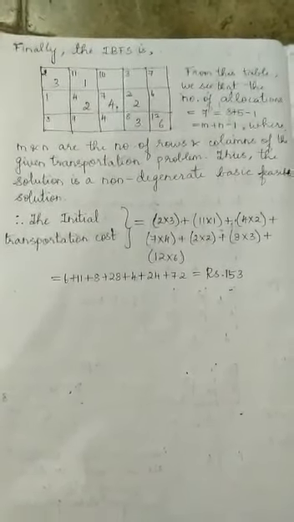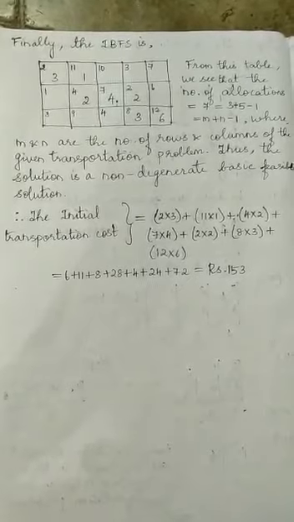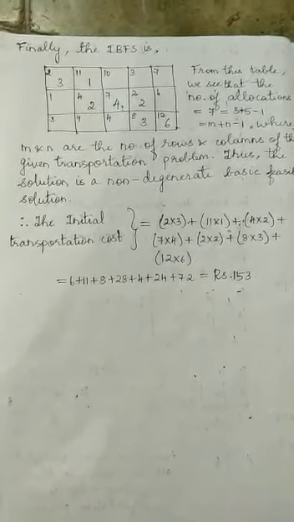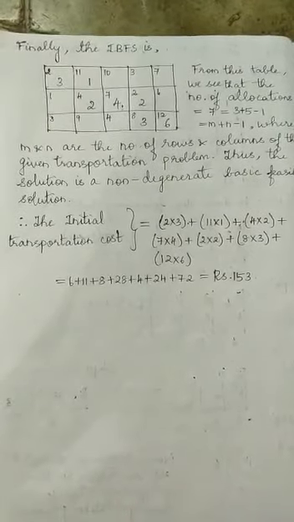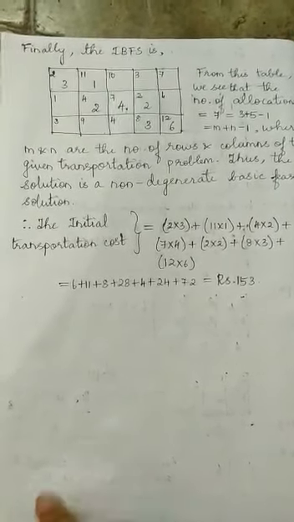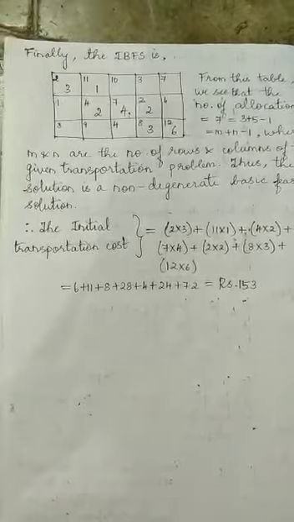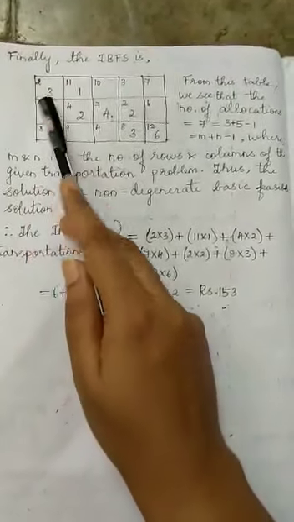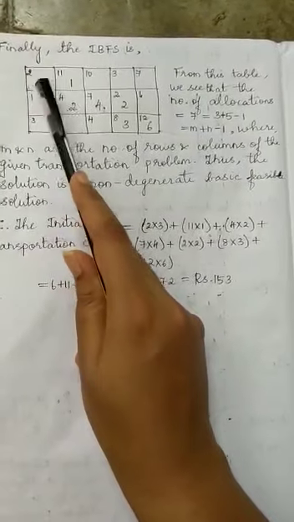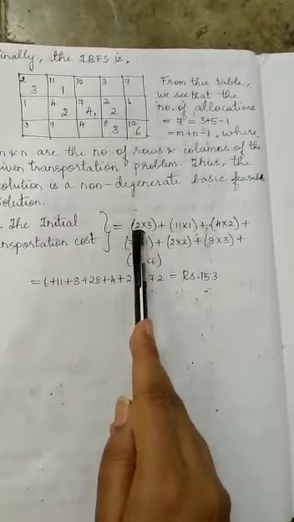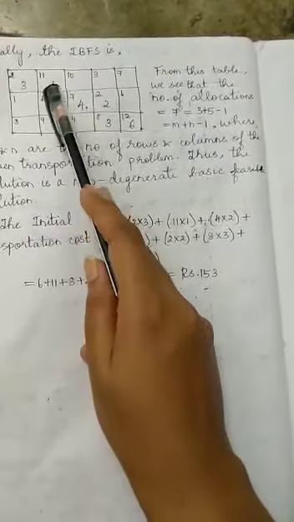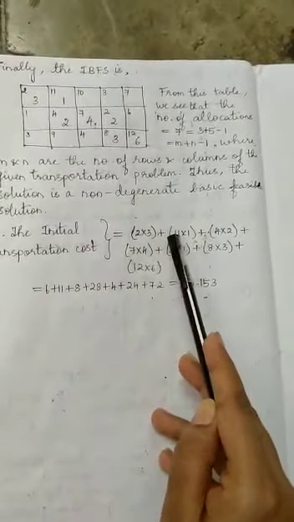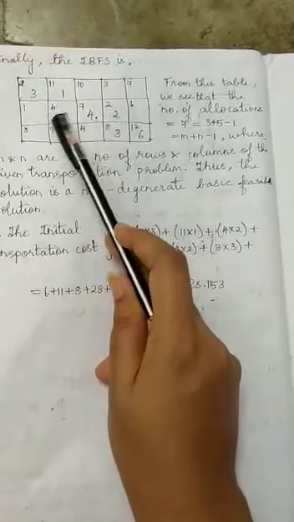So finally the initial transportation cost is calculated. How to calculate this is, we are taking only the cells with the allocated values and multiplying both the respective values and adding up all of them. So the first cell we have got 2 and 3. So we are multiplying 2 into 3 in the first bracket, plus the second allocated cell is this 11 into 1, plus the next one we have got 4 into 2.